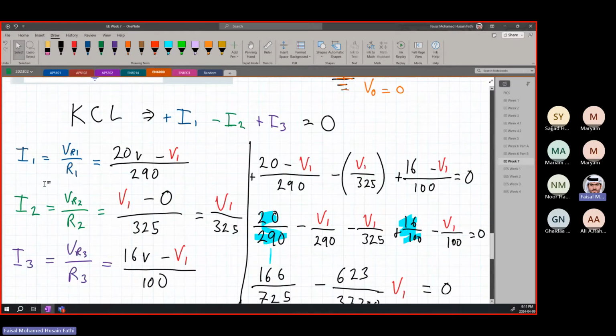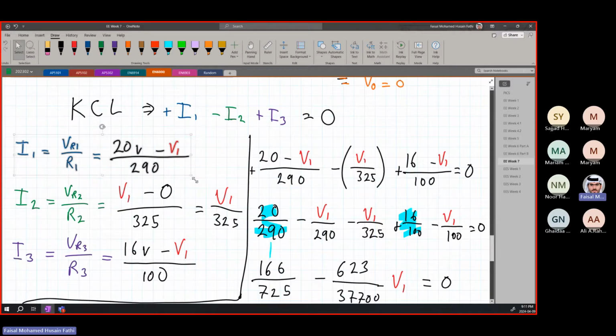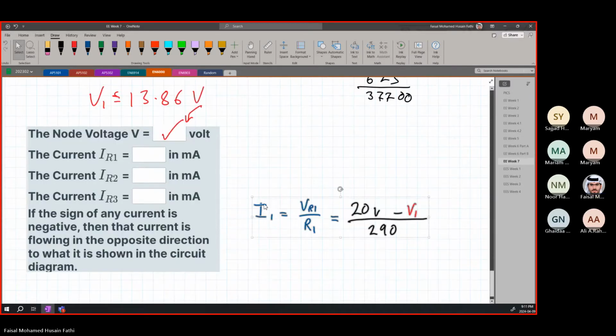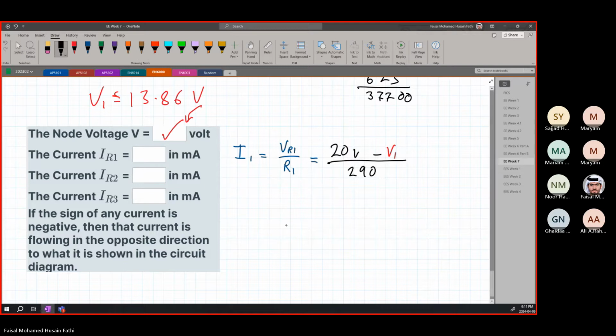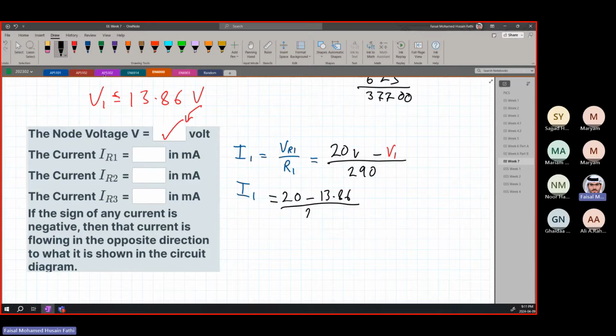Then we are going to take this equation now that we already used earlier. And we already have V1 now. So I1 is going to be equal to 20 minus 13.86 divided by 290.